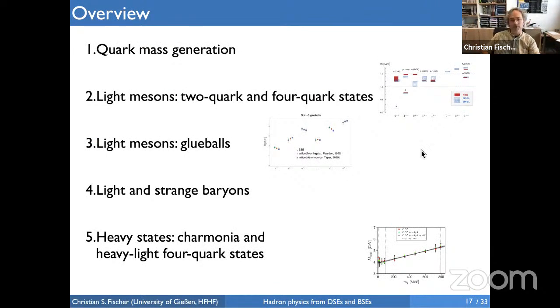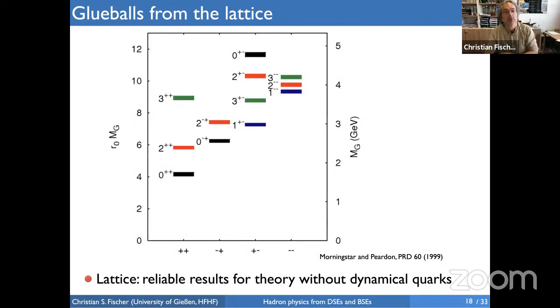So no matter, this will not change if you change the model. Okay, so this is all I have to say about light 4-quark states. Now let's have a very, very brief look at the glueballs. What we know from the lattice with respect to glueballs is that the spectrum in quenched QCD, actually in Yang-Mills theory, so the theory without quarks, looks like this.